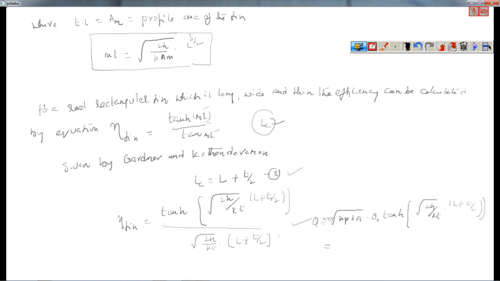This is equal to the efficiency of the fin, which I defined as Q fin by Q max.